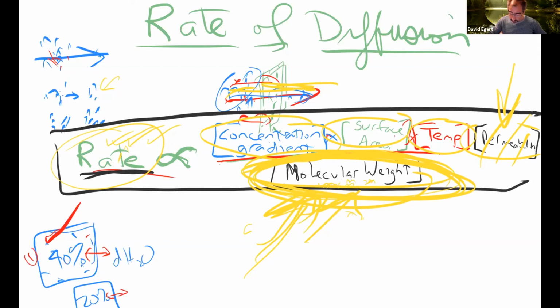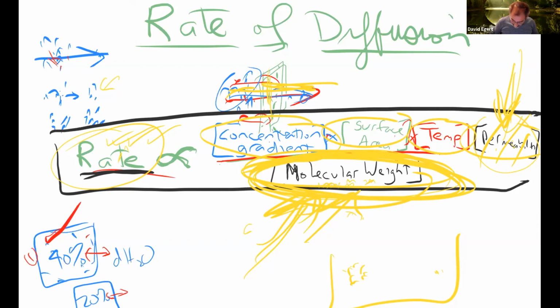Not all of these variables will necessarily be used if you're just looking at, here's more dissolved here and less here, then we don't have to worry about permeability. So the permeability is when we're thinking about moving across some kind of membrane.